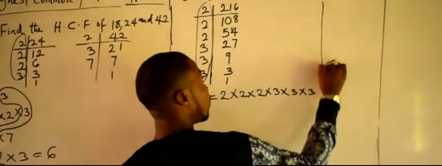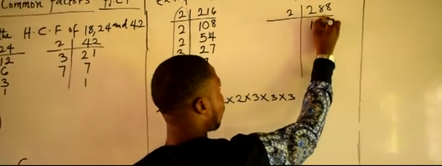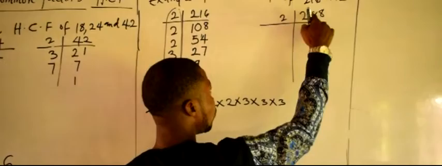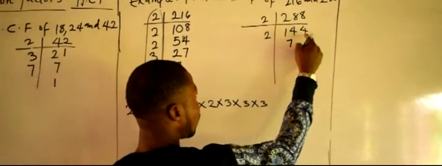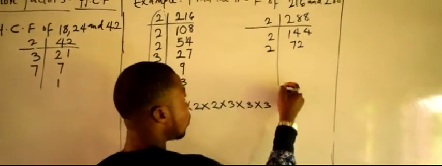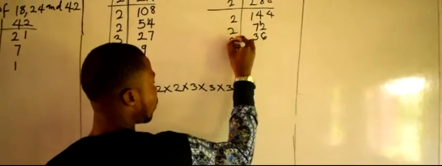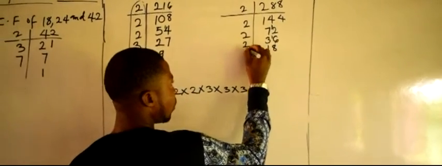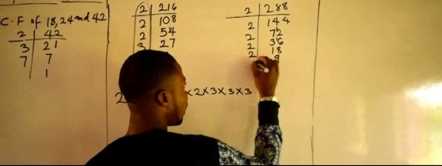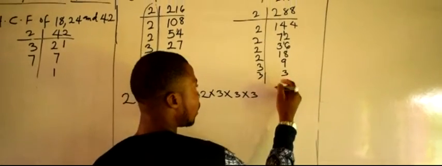Now for 288, 2 can go. 2 in 288 is 144, 2 in 144 is 72, 2 in 72 is 36, 2 in 36 is 18, 2 in 18 is 9. Then 3 can go in 9, that is 3, and 3 can still go again, 1.